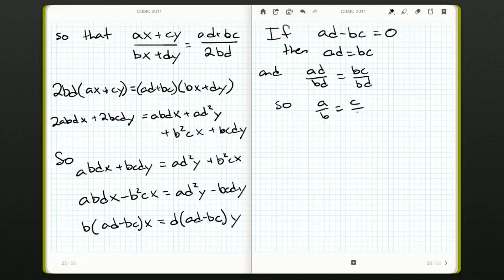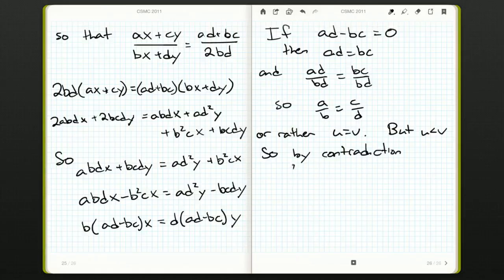So A over B is equal to C over D, or rather U equals V. But we know that U is less than V. So by contradiction, AD minus BC is not going to be equal to 0. That means we can divide by it.